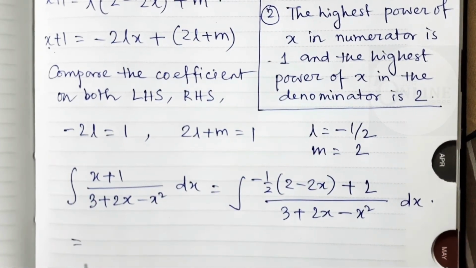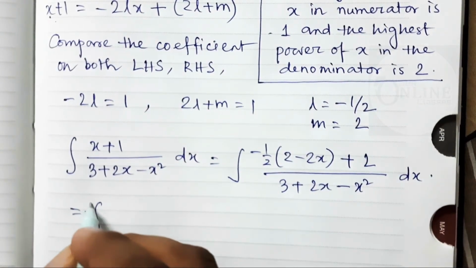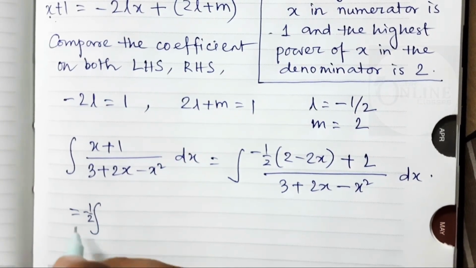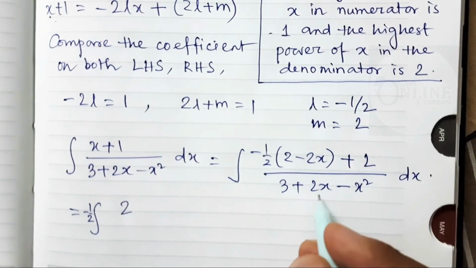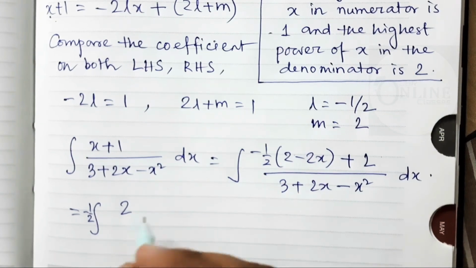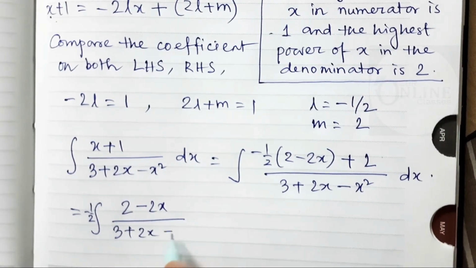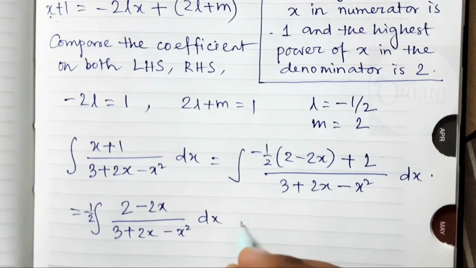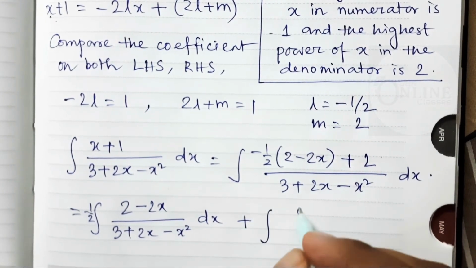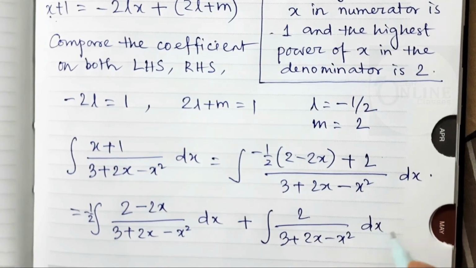Now we can write this as the integration of minus half, which is there, times 2 minus 2x by 3 plus 2x minus x squared dx, since I am dividing the denominator into each of the terms, plus the integration of 2 by 3 plus 2x minus x squared dx.